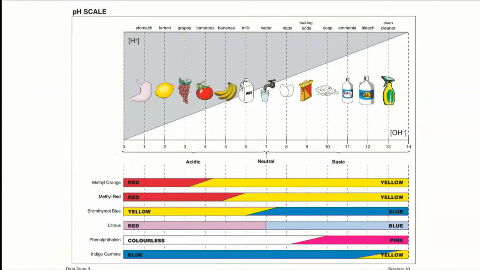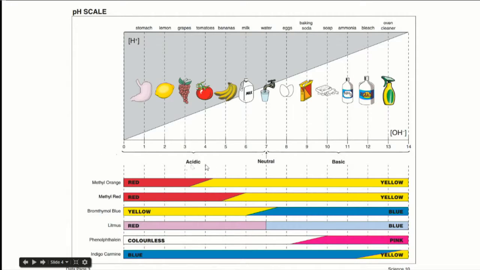If you printed off your own data booklet at home, it's not going to be in color, but the shading will be different. So here you can see the pH scale. The really great part about most of the acids and bases stuff is that you don't have to memorize a lot of stuff. There are a few things that come up, but if you can just look at your data booklet, you have all of these things on here. So you have the scale from 0 to 14.